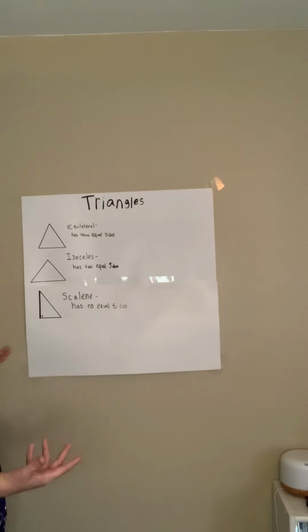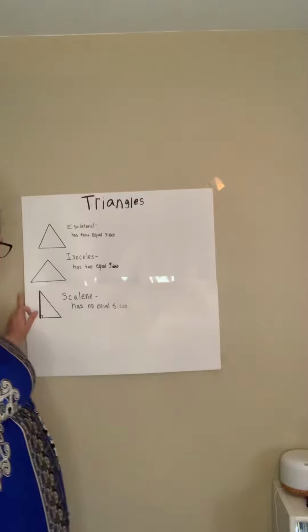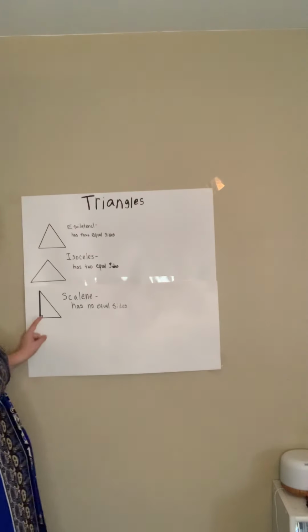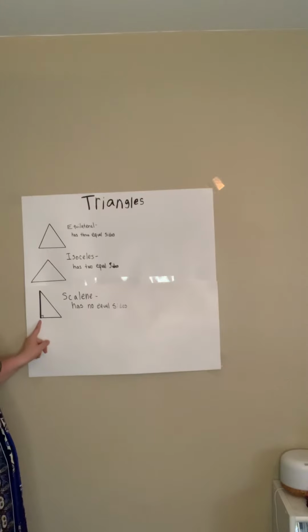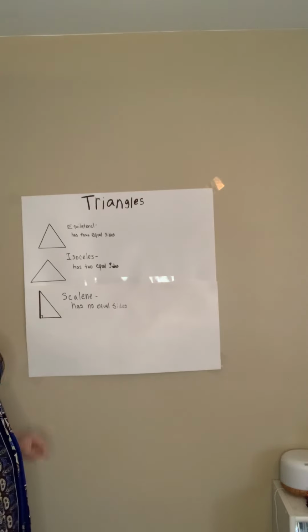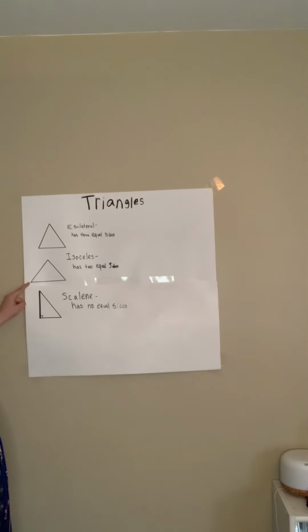Now, like I said, you can also classify them by their angles, and each triangle has 3 angles. Like this one we already decided was a right angle with 2 acute angles. And then over here, again, these are acute angles.